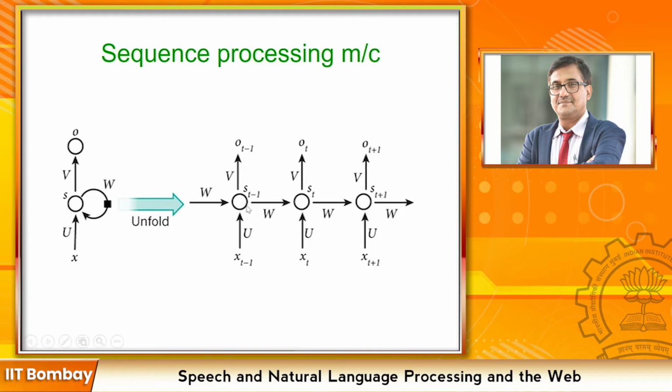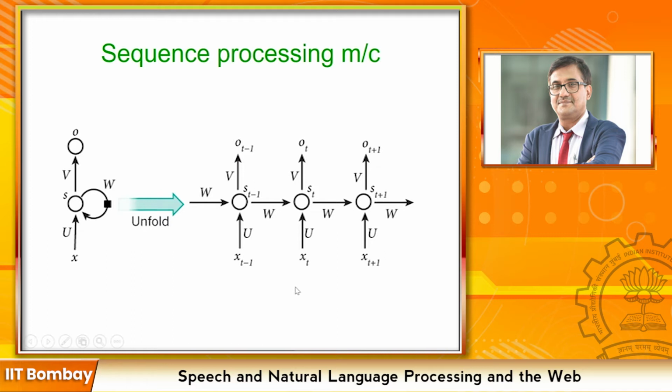So this is called unfolding, the left hand side to right hand side. The same set of weights feeds into the next state in every time step. This is a trained network and it is operating on a sequence of tokens.